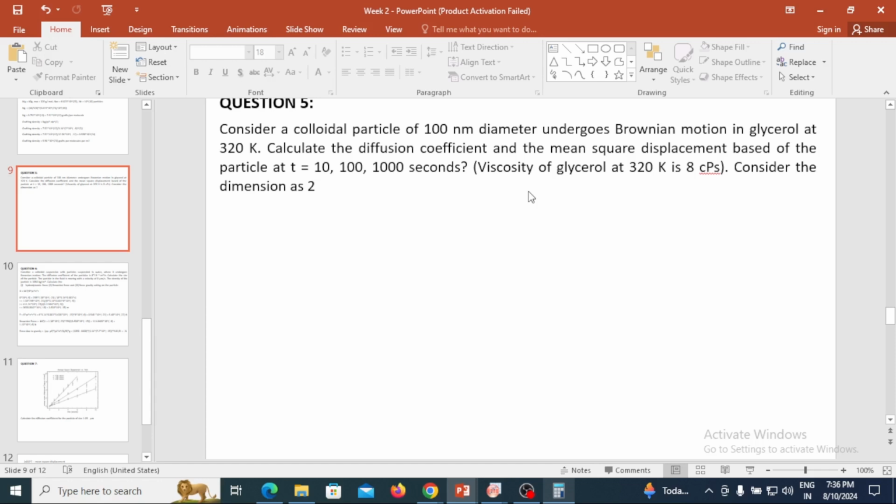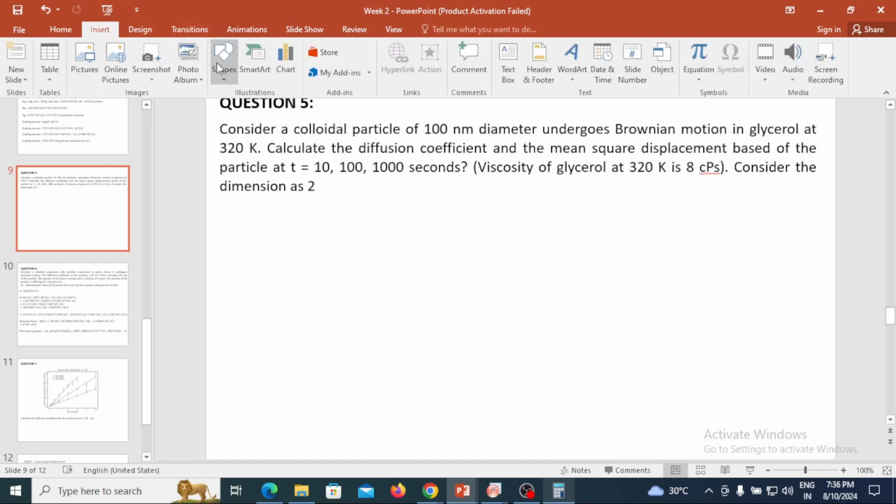Once you calculate it, you know the mean square displacement formula: x of t the whole square is equal to 2 times small d times capital D times t. If you do that, you will be able to get the displacement at different instants of time. So let's solve this question.